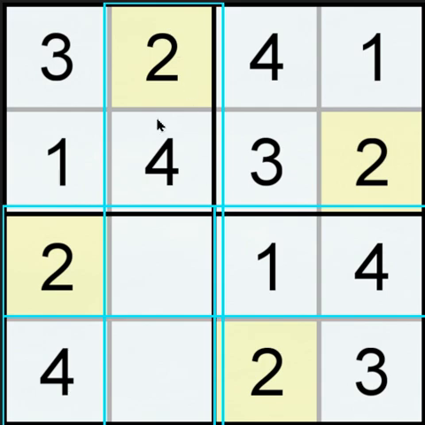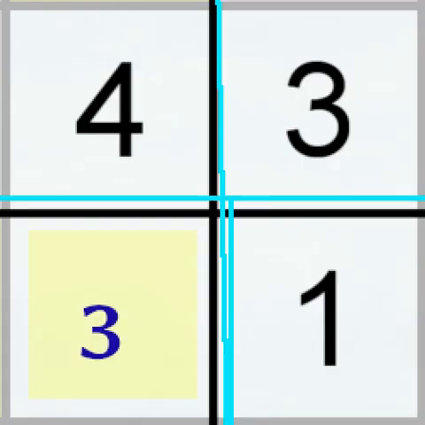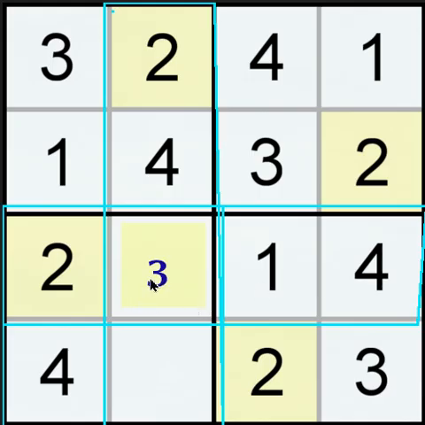Think, what does this tell us? We see the column, row, and box are all missing the 3. We can put a 3 here where they all intersect. We now have a 3 in its place.